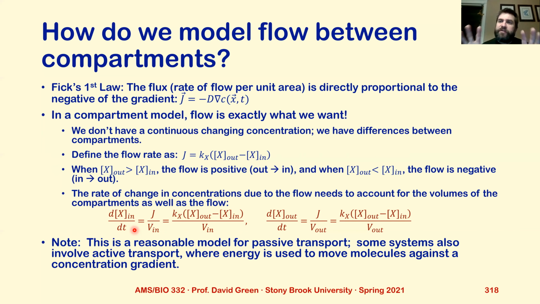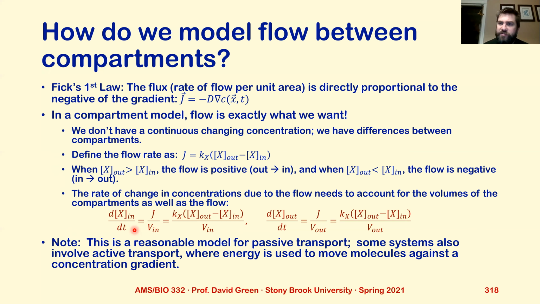And so there are many different types of models that we can use to describe flow between compartments. I'm going to introduce just one that's a reasonable model for passive transport in the direction of naturally existing gradients of concentration.